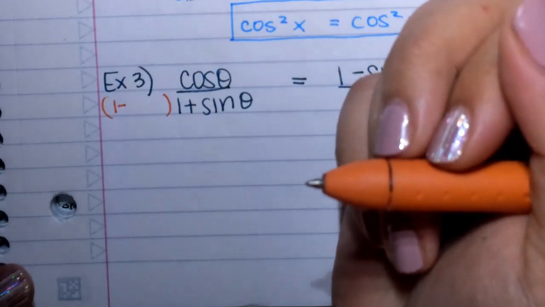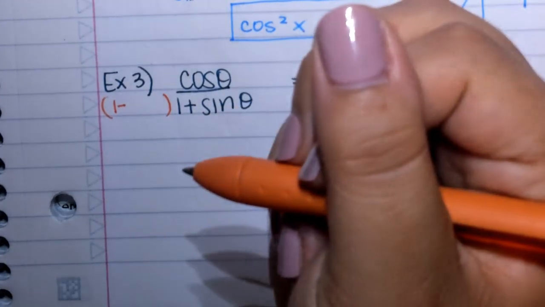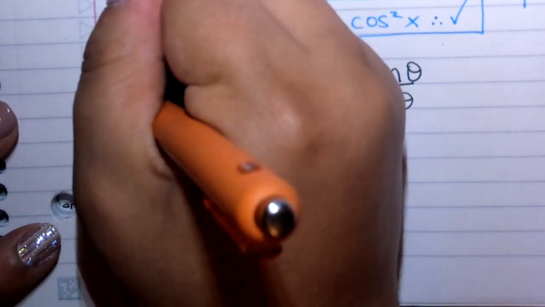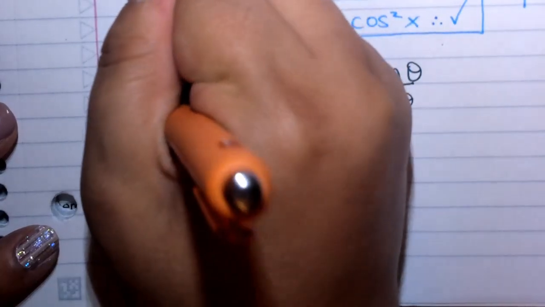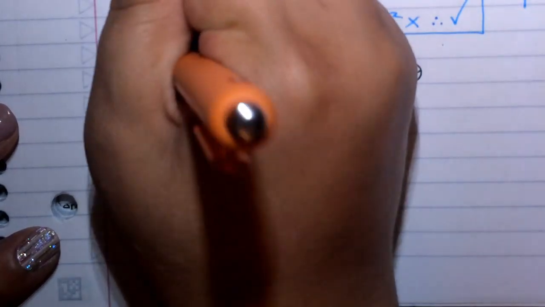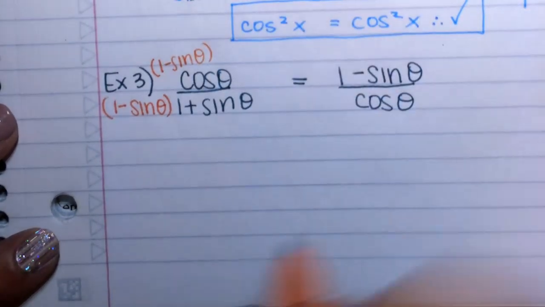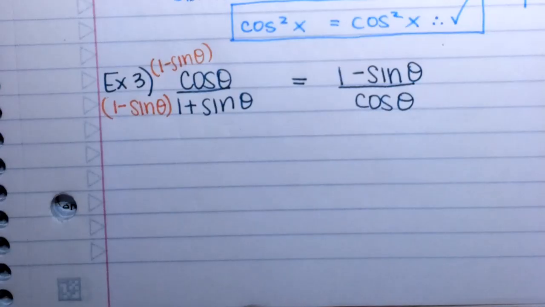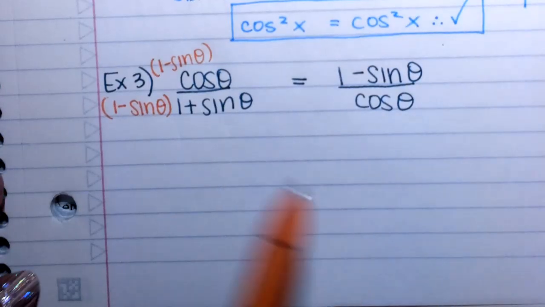And somebody during first period made a comment. They go, the conjugate is basically like rationalizing for this. College algebra is helping y'all out right now. We are going to multiply by the conjugate. Why am I multiplying by the conjugate?